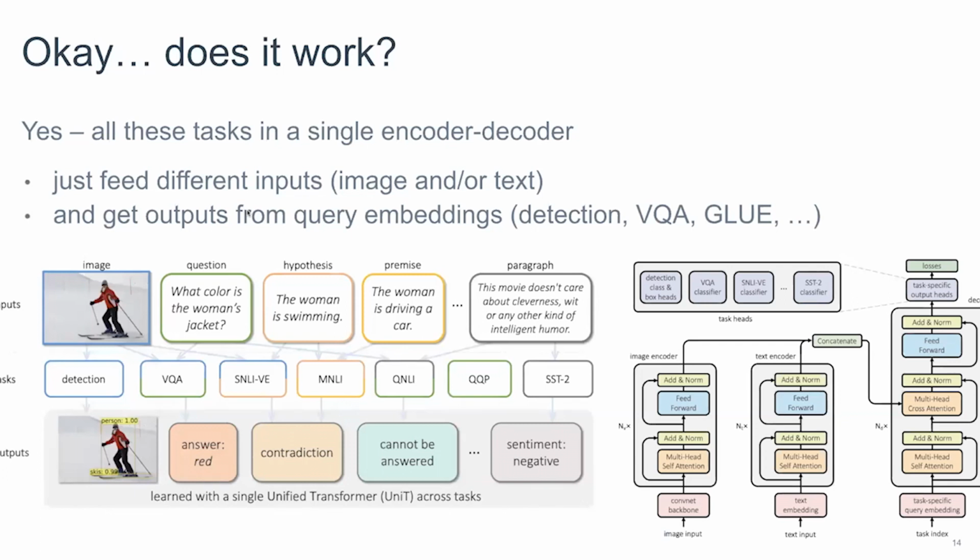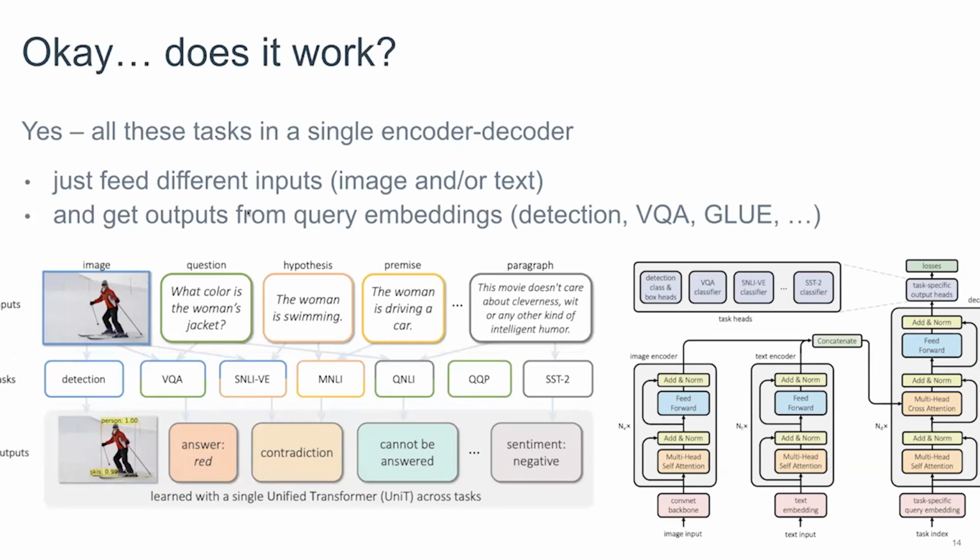Yes, it does work. You have to exert a little more control over the exact sampling ratio of the tasks. You can feed different inputs and get different query embeddings for different things. It does work out of the box. We can get it to converge on all 7 tasks, ranging from the ones we discussed, and they can be addressed with a single encoder-decoder architecture.